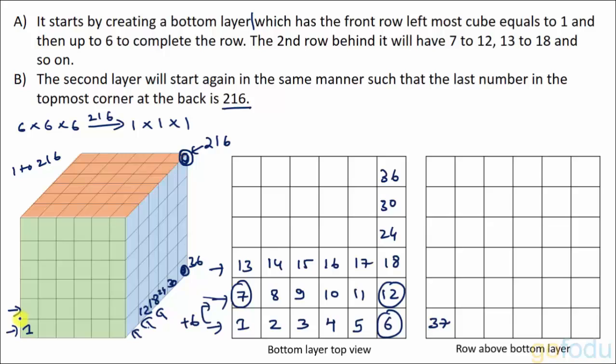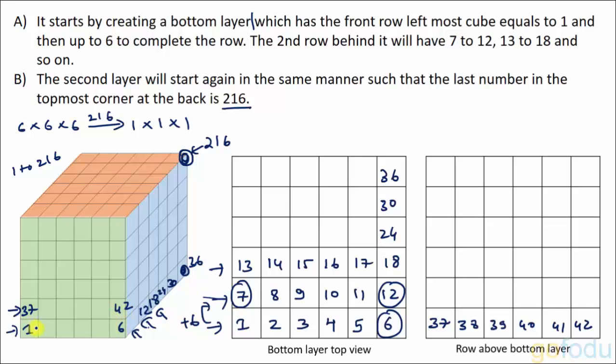So the first cube here in the layer which is above the bottommost layer will be 37 and numbering will go on like 37, 38, 39, 40, 41 and 42. So basically this cube will be 42. This cube was 6. Now here if we look at this upper layer, 37 is just above 1 and 42 is just above 6.